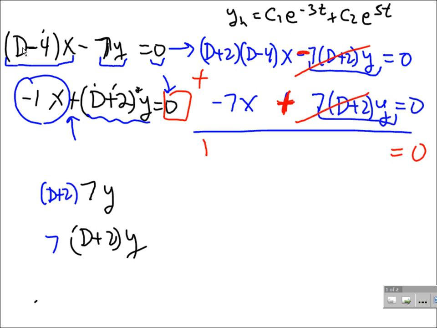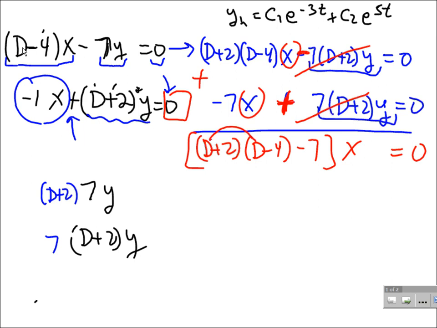And on the left side, I'll have d plus 2 times d minus 4 minus 7 x's. I just backed it out to x. This is d squared minus 4d plus 2d is minus 2d minus 8 minus 7 more is minus 15.